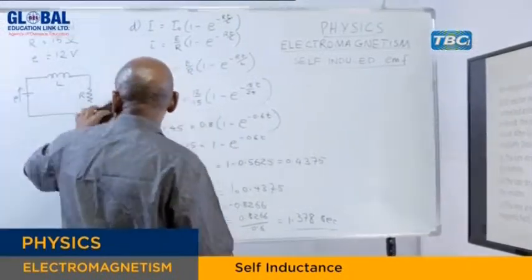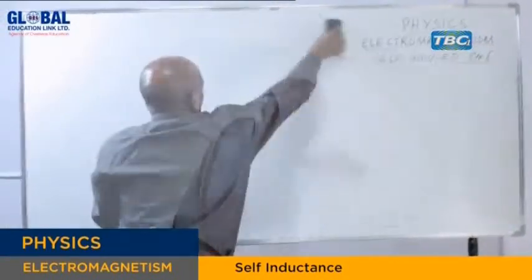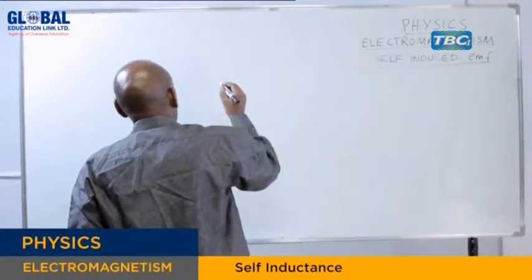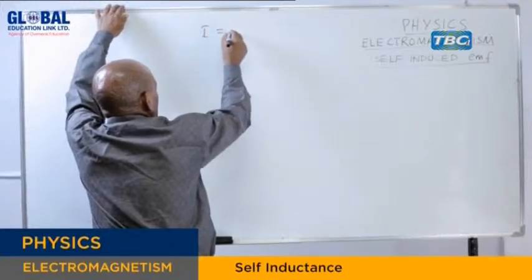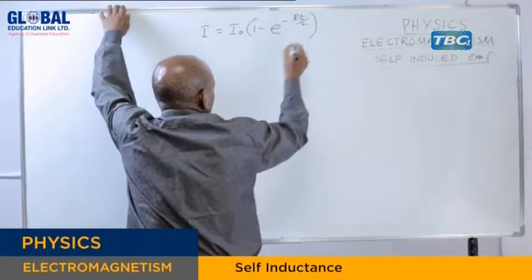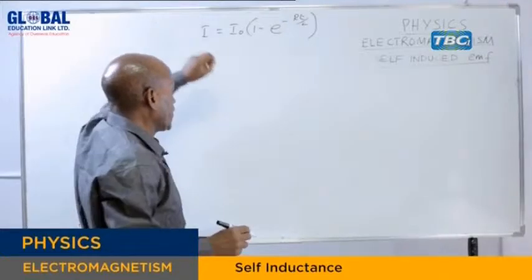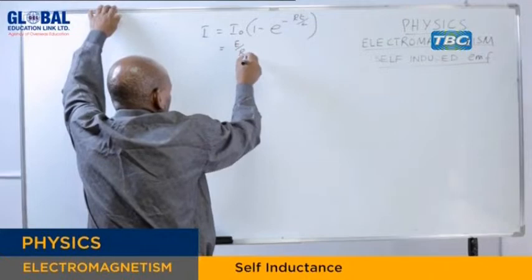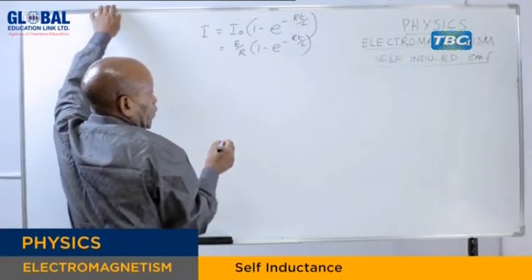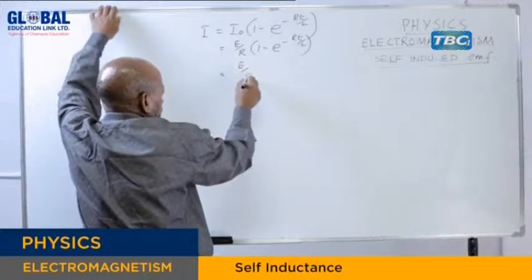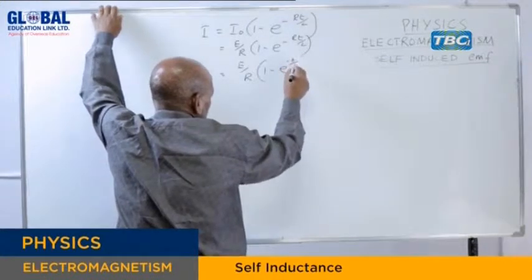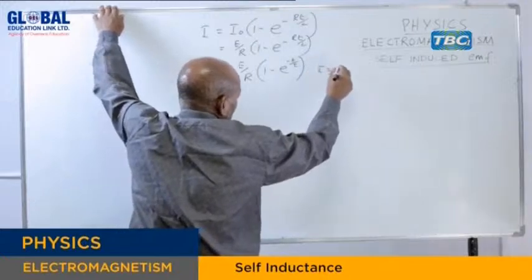With this question, we are using the same expression, that the current I is equal to I naught into 1 minus e power minus RT over L. This is our basic equation, where I naught is equal to E over R. As we said previously, this gives 1 minus e power minus T over tau, where tau is the inductive time constant, equal to L over R.